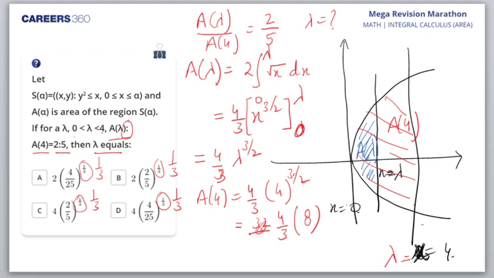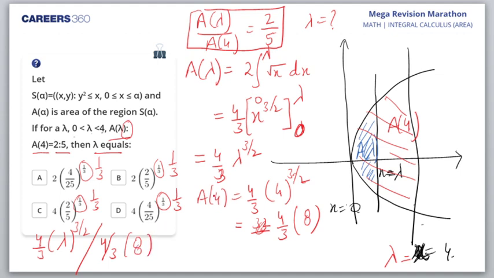Now I calculate A lambda by A4. I put in this equation. A lambda is 4 by 3 lambda raised to power 3 by 2 upon 4 by 3 into 8. Am I right? So what do I get?